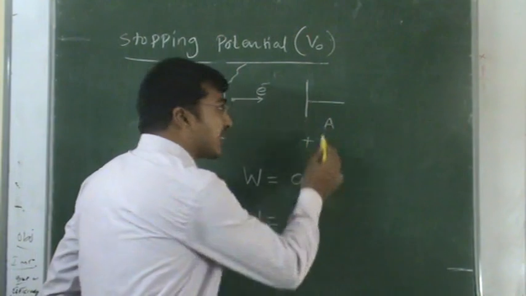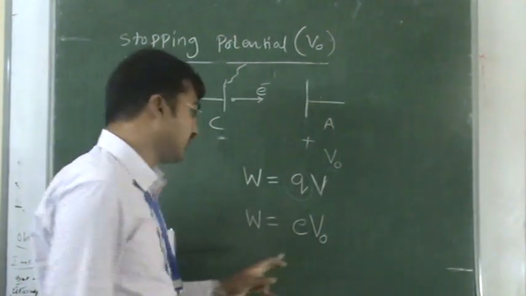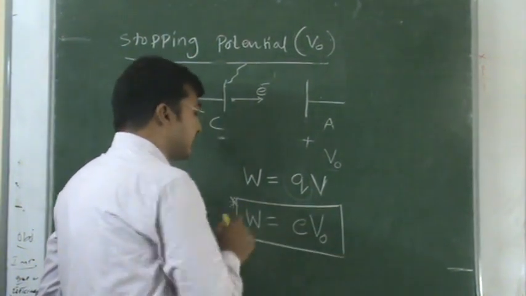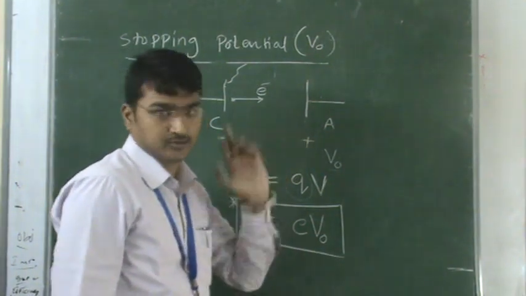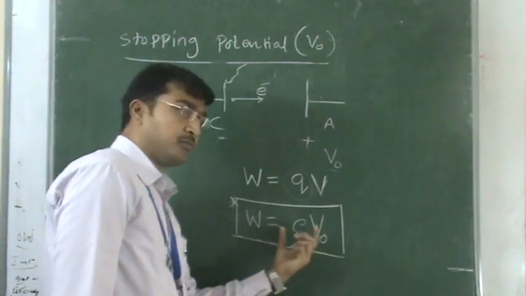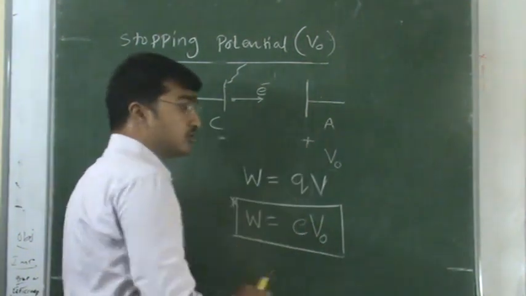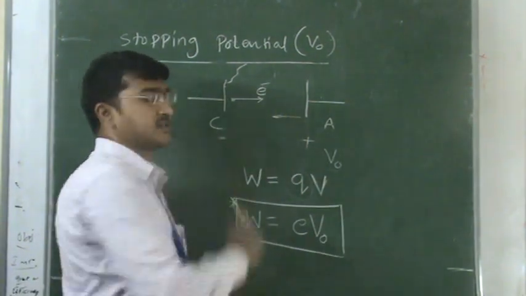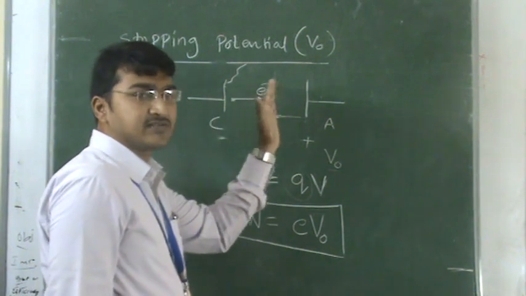And which potential are we applying to the anode? Stopping potential. So this is the work done on electrons which are ejecting from the cathode. If this work is applied on the electrons by the anode, no electrons will leave, because the same energy we are applying opposite. We are giving the opposite. That's why no electrons will reach the anode.